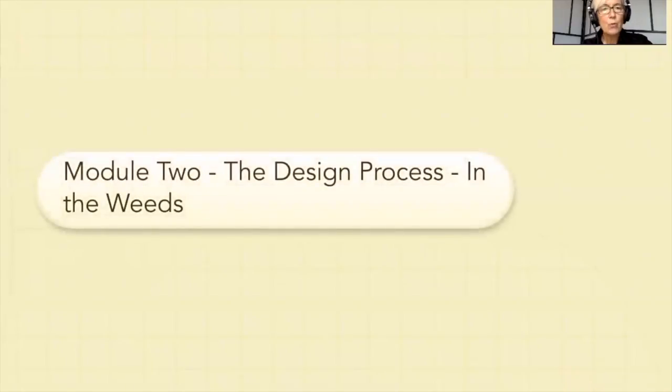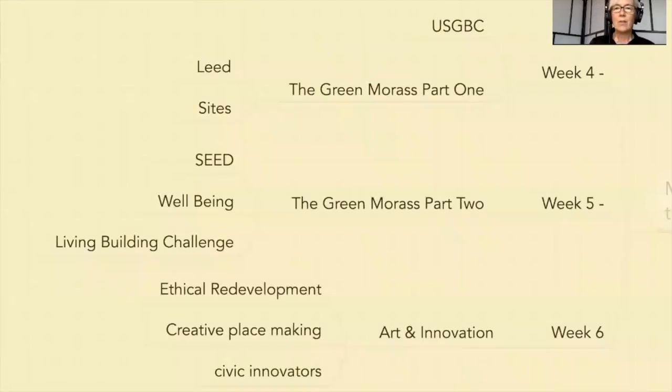Then module 2, we get into the design process and more into the weeds of the specifics. So this module will be broken into 3 weeks. I've nicknamed it the Green Morass, just because of the plethora of rating systems and frameworks, the quadruple bottom line, as Rob talks about it: people, place, planet, and experience.